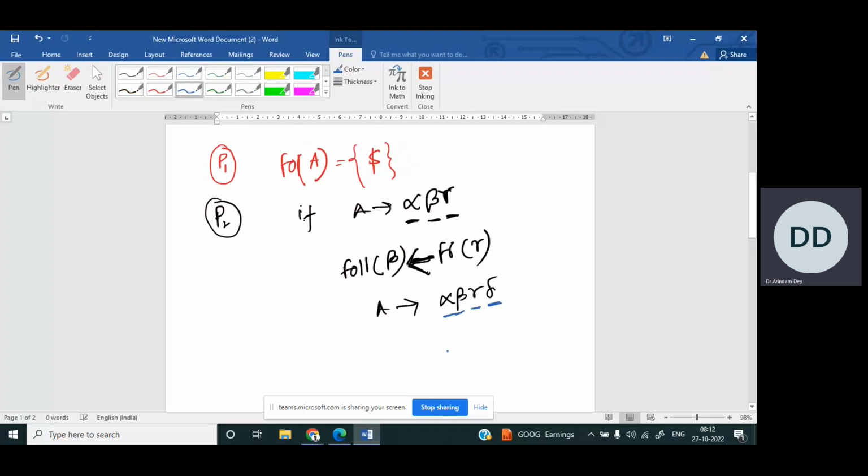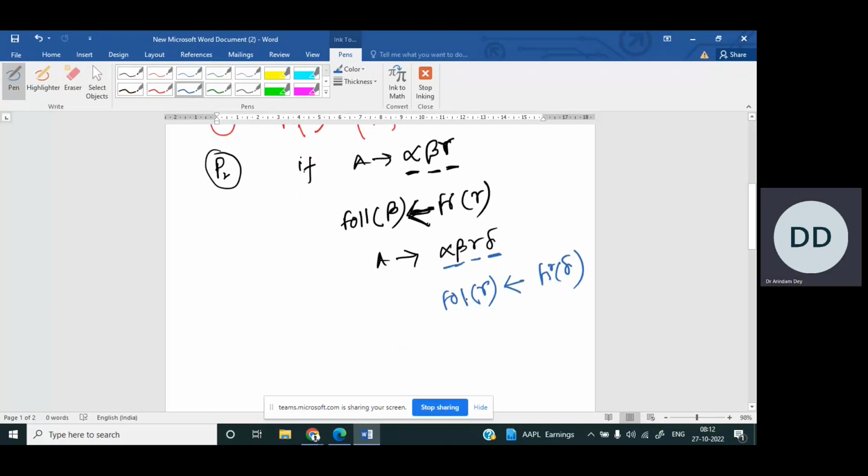So alpha, beta in one segment. So you can tell that follow of gamma will be the first of delta, whatever will be there. Because the first of the third segment will be assigned to the follow of the second segment.